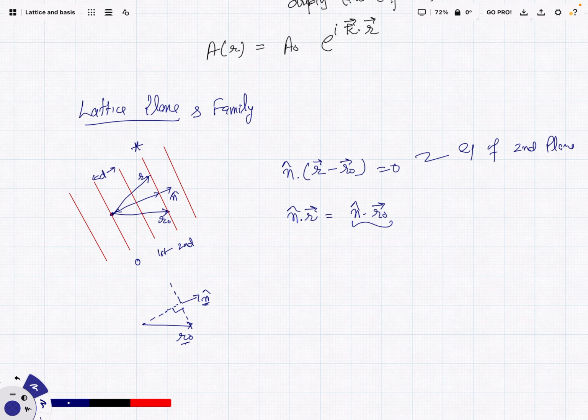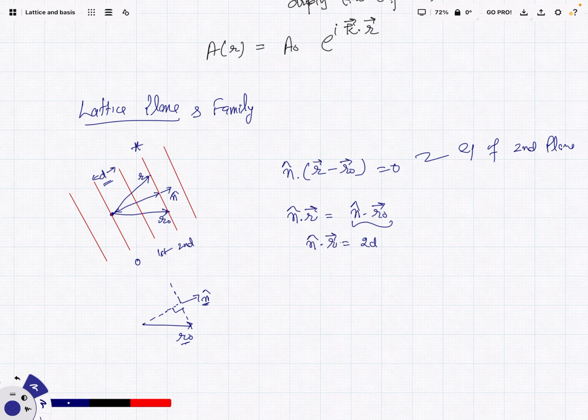So here the spacing between the planes is d, then this would be 2d, right? So the equation of this second plane is n cap dot r vector equals 2d. Sir, but r naught is in the plane and n cap is perpendicular to the plane. So n cap dot r naught is 0.